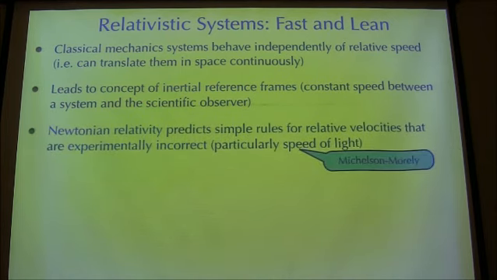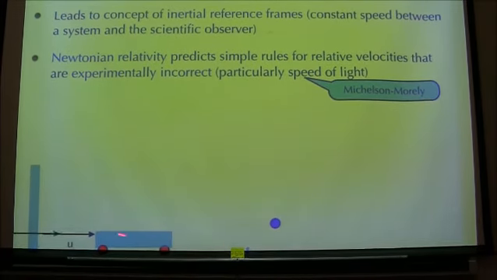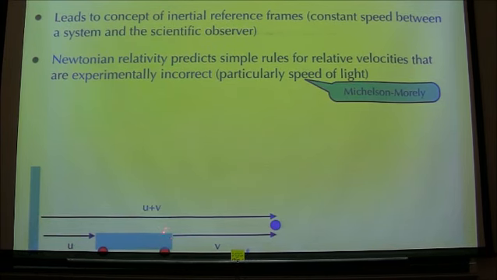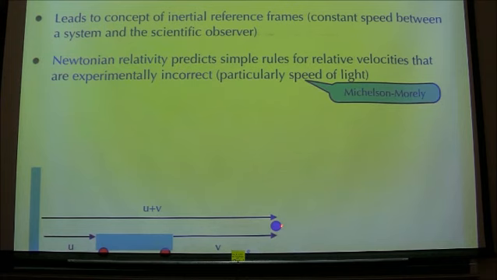Now, Newtonian relativity predicts very simple rules for relative velocities that are known to be experimentally incorrect. It's something that has to be done either to high precision or at high speed. So it's easiest to see for things that move at high speed, such as light. And this is originally the famous Michelson-Morley experiment. So what we've got here is some sort of car that's moving away from the wall at a speed u, and then some sort of ball that's thrown ahead from this car at some speed v compared to the car.